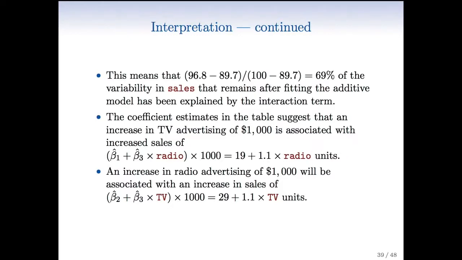Alternatively, an increase in radio advertising of $1,000 will be associated with an increase in sales of, now we've factored it the other way around, thinking of the coefficient of radio as changing as a function of TV, 29 plus 1.1 times TV units. So you can make either of those interpretations when you put an interaction in the model.